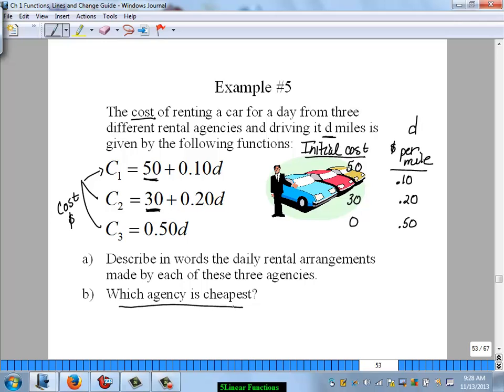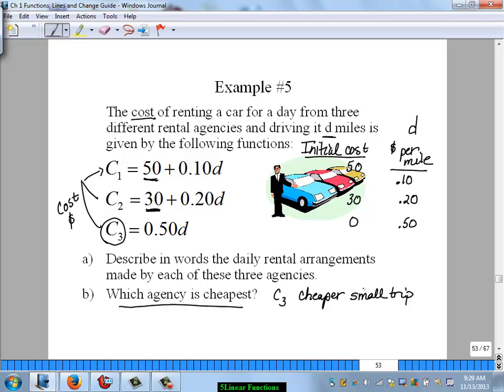answer. If I were going to take a short trip, C3 would be cheaper because I would not drive as many miles, and I wouldn't have to put any money down. So C3 would be cheaper for a small trip because you don't have any initial cost.